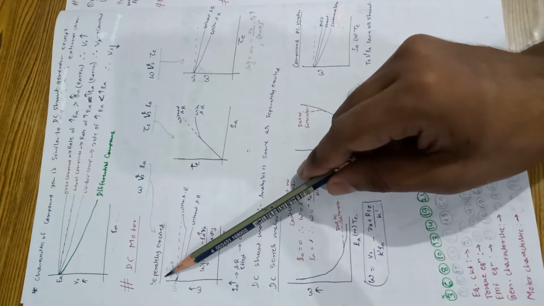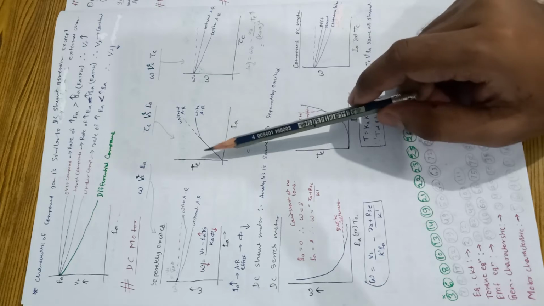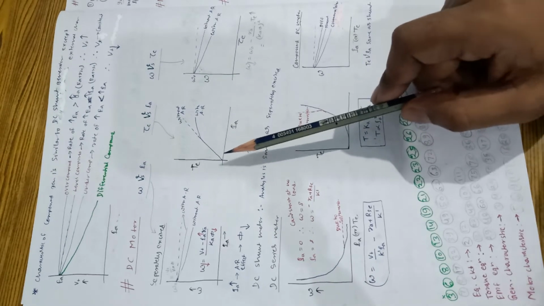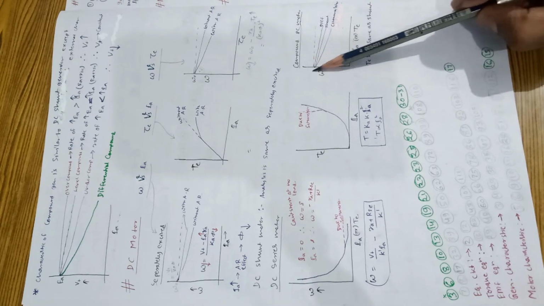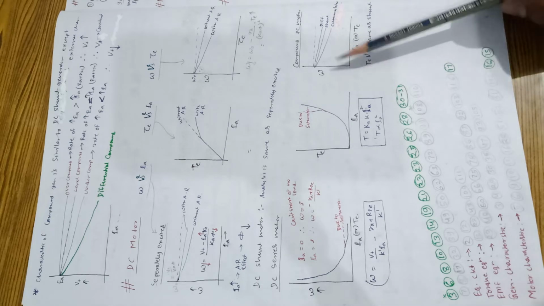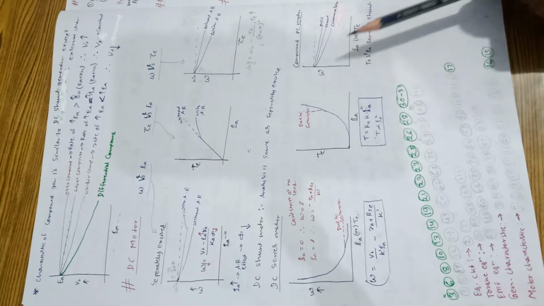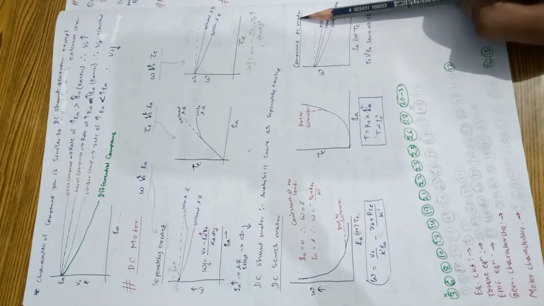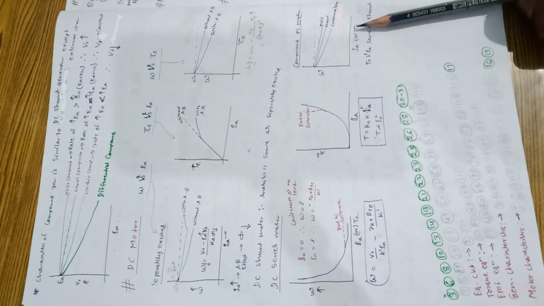Only this part is the same. For a DC compound motor, torque versus IA is the same as a shunt. And we have different characteristics for speed versus IA and speed versus torque of a compound DC motor.